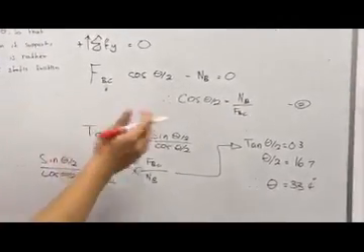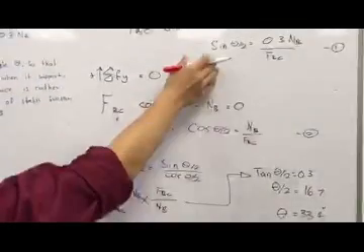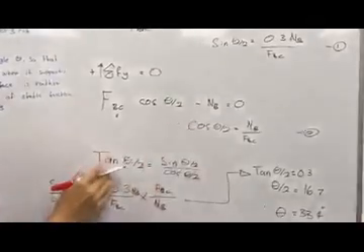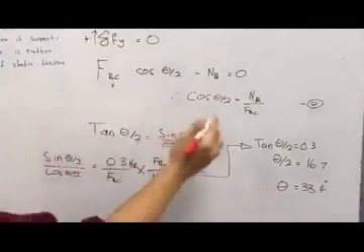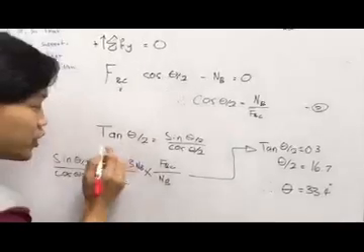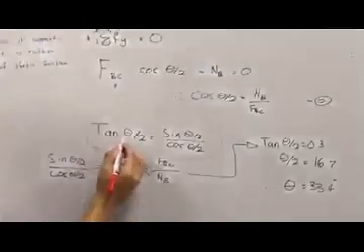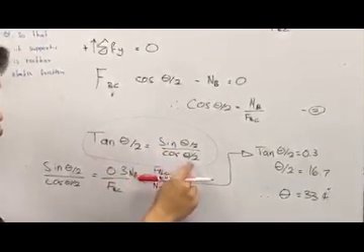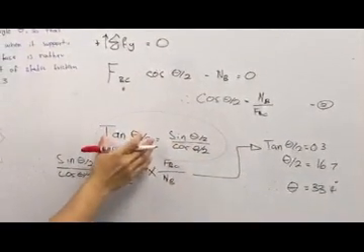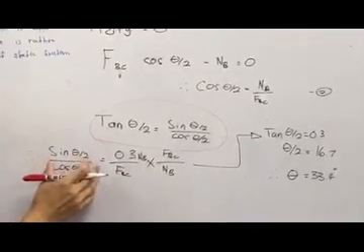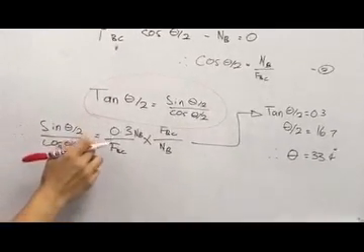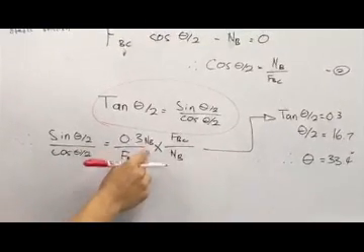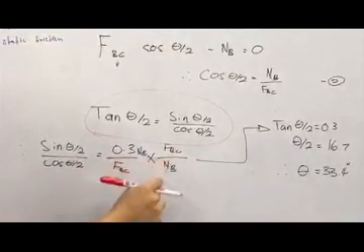We can settle these equations using the tangent formula, as tangent is equal to sine over cos. Tan theta over 2 is sine theta over 2 over cos theta over 2, which is 0.3 NB over FBC times FBC over NB.